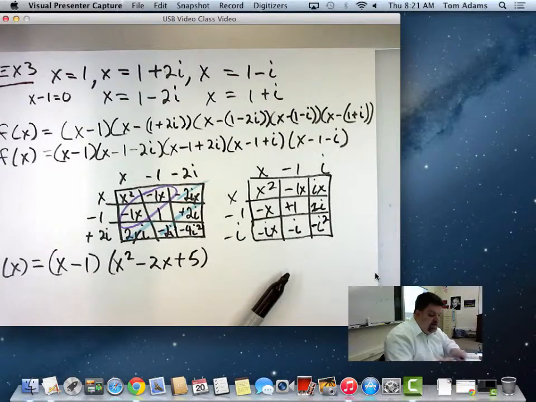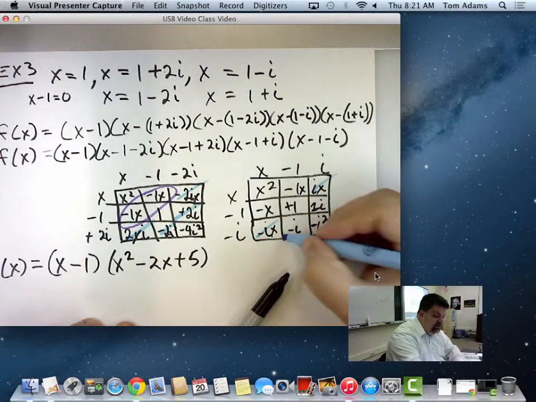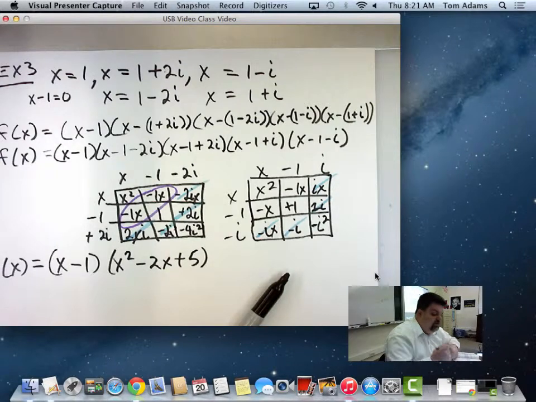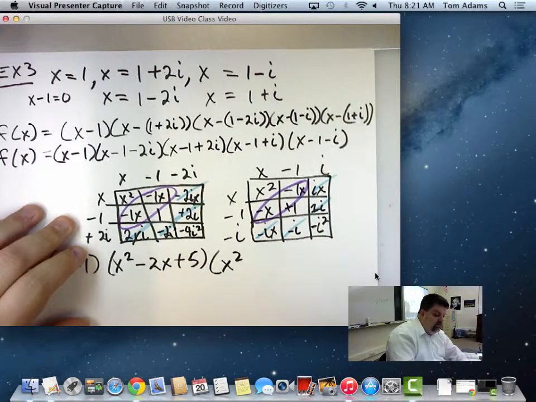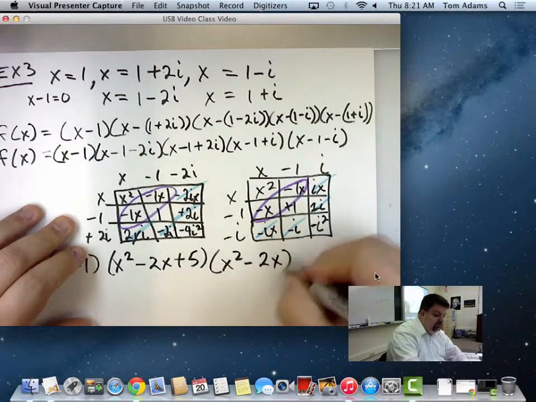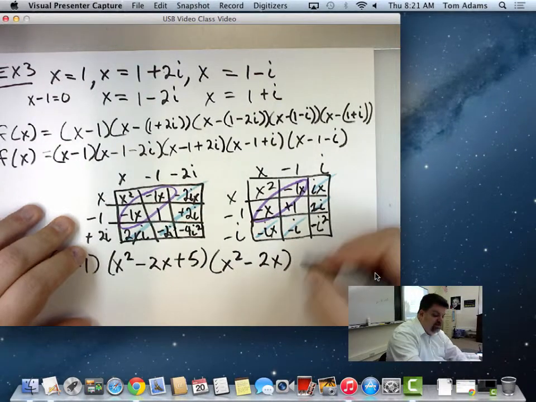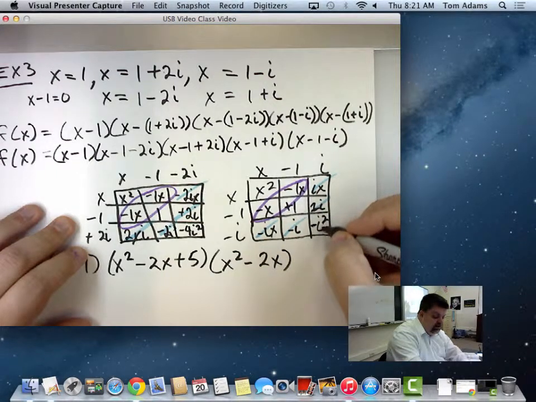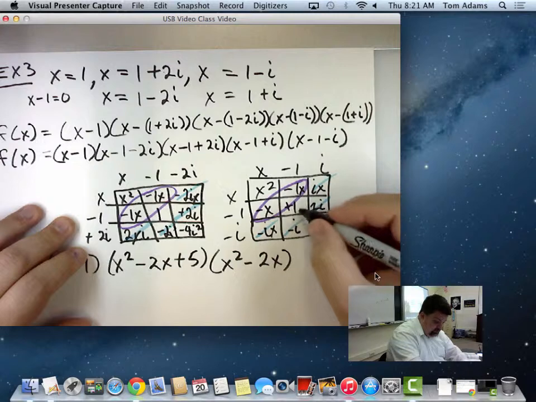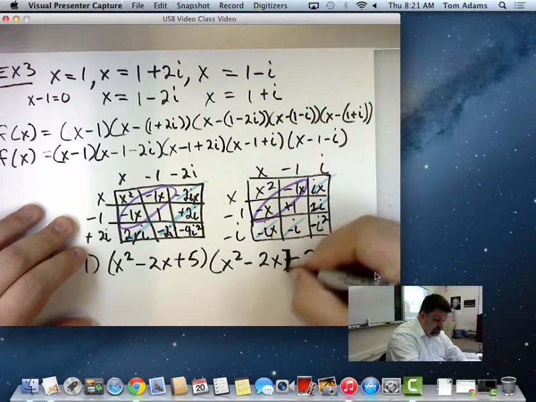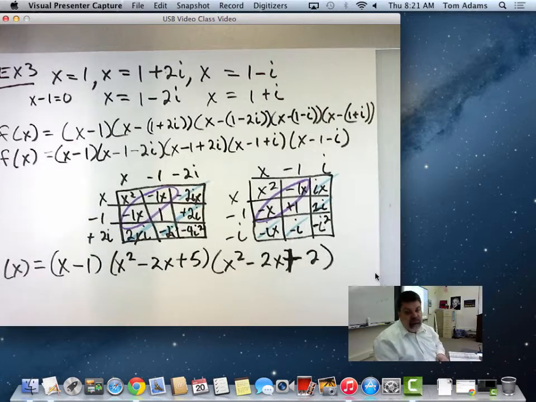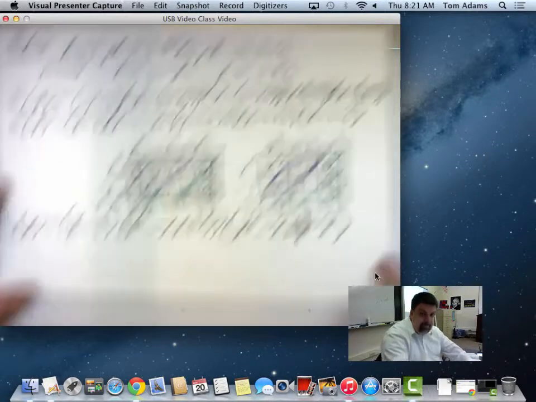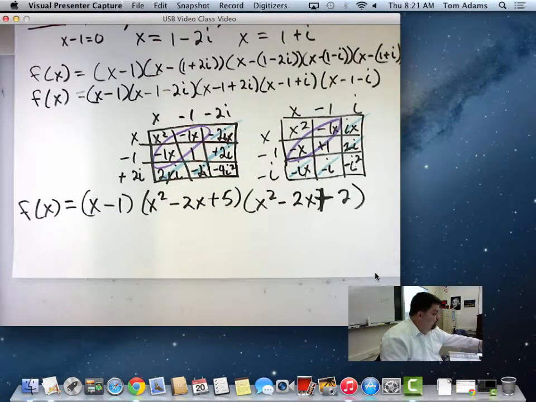So again, this cancels with this. I have like terms here. And so this should equal x squared minus 2x. Minus i squared. i squared is negative 1, so this is a positive 1. So positive 1 plus 1 is plus 2. Okay? Does that make sense? Am I done yet? No, I'm far from done.